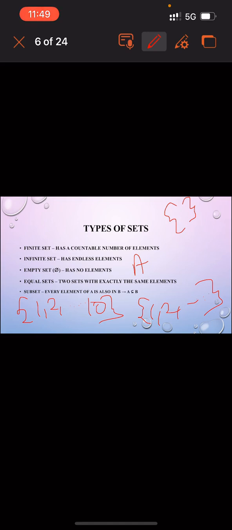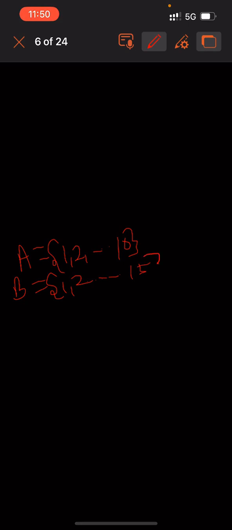Subset. If every element of A is also in B, then that set is called subset. See, suppose A has elements 1, 2, 3 up to 10. B has the elements 1, 2, etc., till 15.